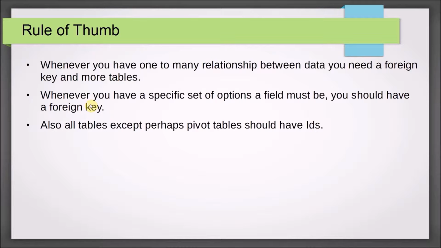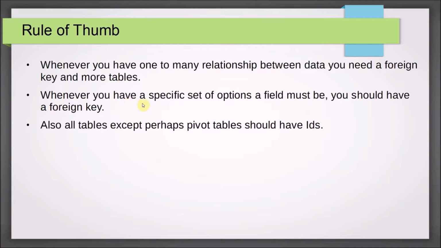For example, the roles. The reason is, yes, I could just type admin or user in the actual user row, but I can't store any extra information on that. If I wanted to store a description, or some other metadata that goes with that role, now I have to store all that information in the user's row instead of in its own table, which means every user that's just a normal user, not an admin, is going to be duplicating that information.